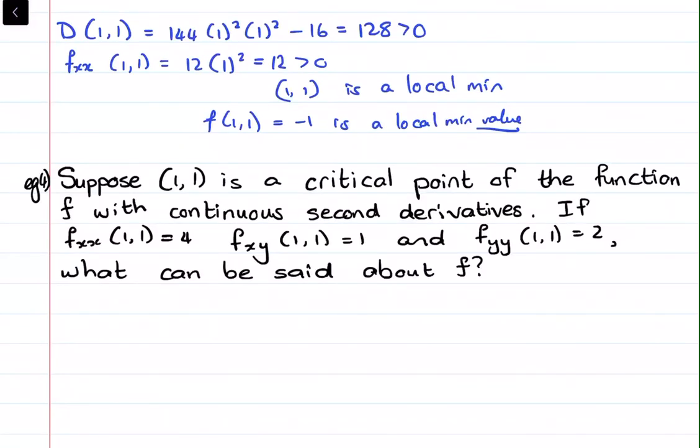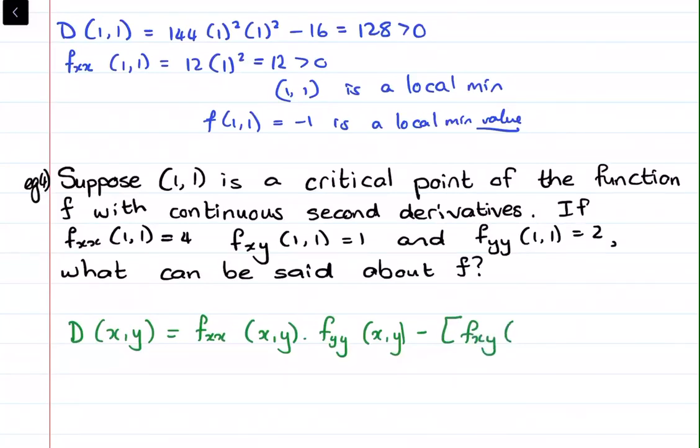You are supposed to calculate D at (x, y), okay? You first write down the formula. So it's fxx(x, y) times fyy(x, y) minus the mixed derivative at (x, y), all of it squared.